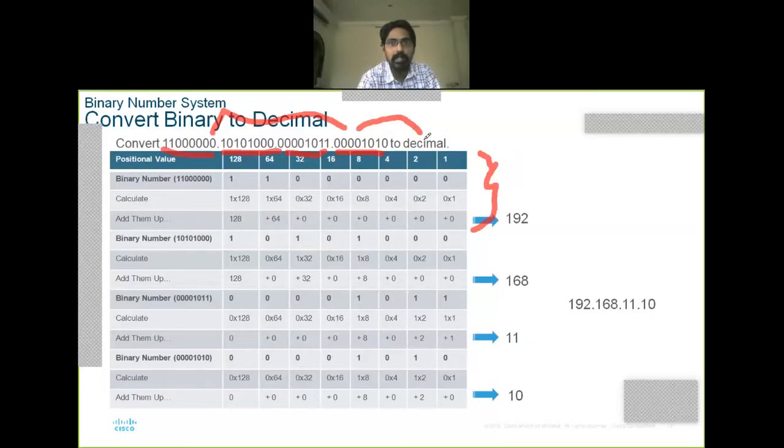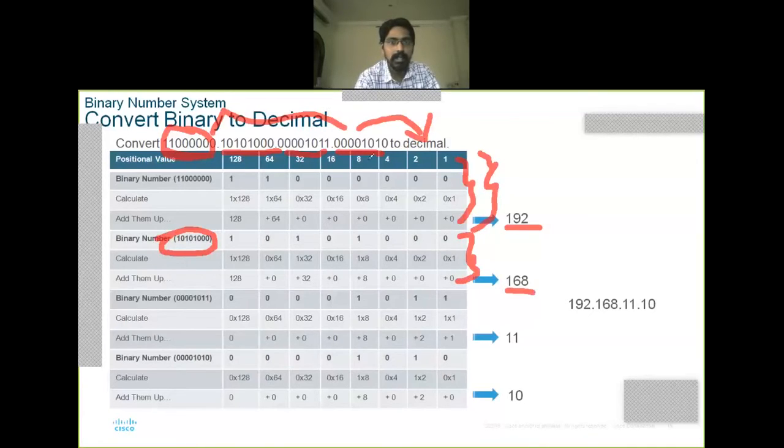So how do we convert this binary number into decimal? First, take the first octet and perform the operation. What will we get? 192. Next, take the second number 1 0 1 0 1 0 0 0. So here observe. Perform the same operation and we will get 168.